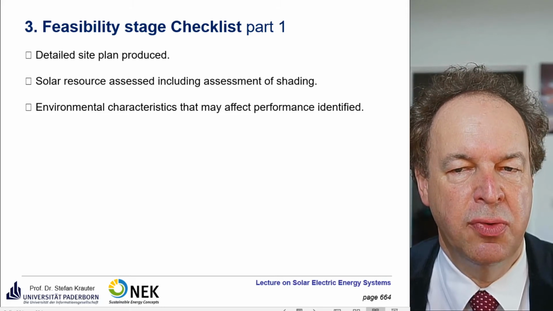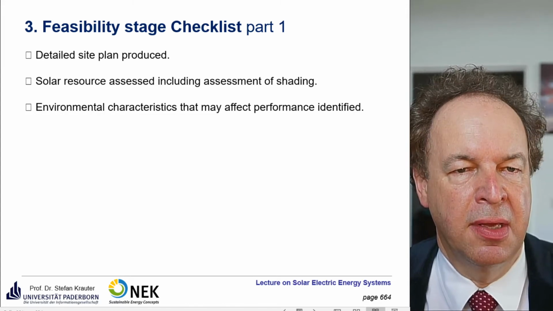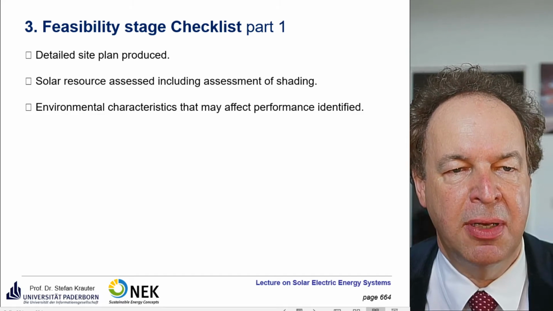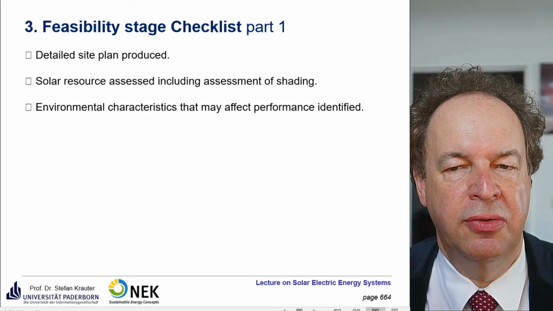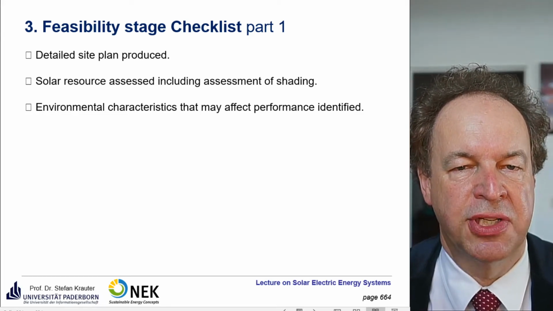So you have to make sure that the modules are cleaned, and so on. There could be all kinds of other constraints. For example, recently there was a project in Switzerland. There was a lot of hail, exceptionally big hail. So you have to purchase heavy-duty modules which can withstand these heavy hailstones.